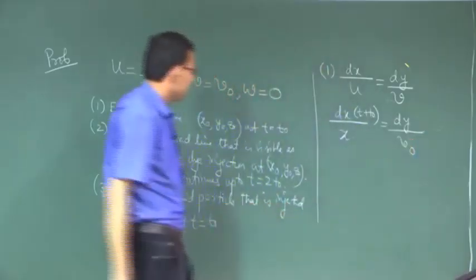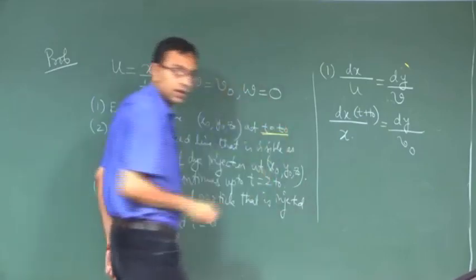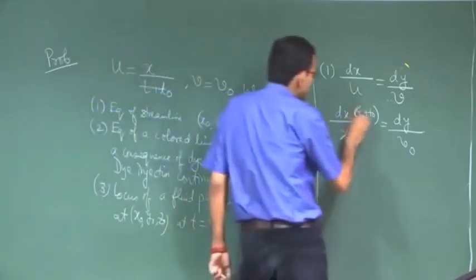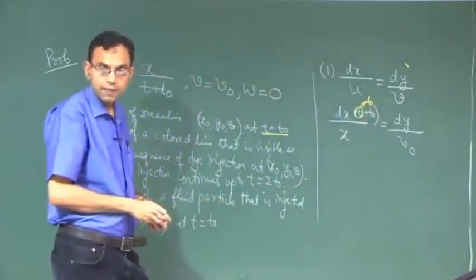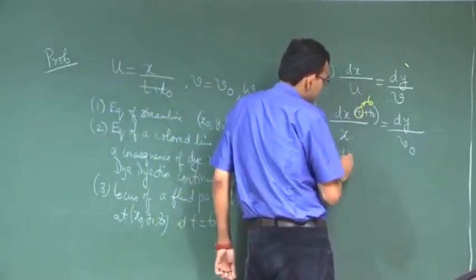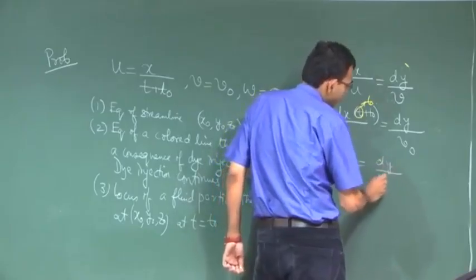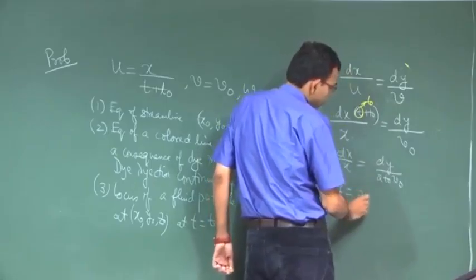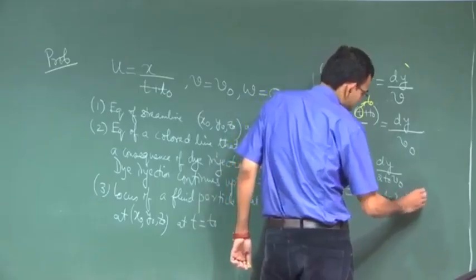Now, the most important thing is that the streamline equation has to be obtained at t equal to t0, so this t has to be substituted by t0. Then the remaining is very trivial algebra: dx by x is equal to dy by 2 t0 v0, so y is equal to 2 t0 v0 ln x plus some constant.